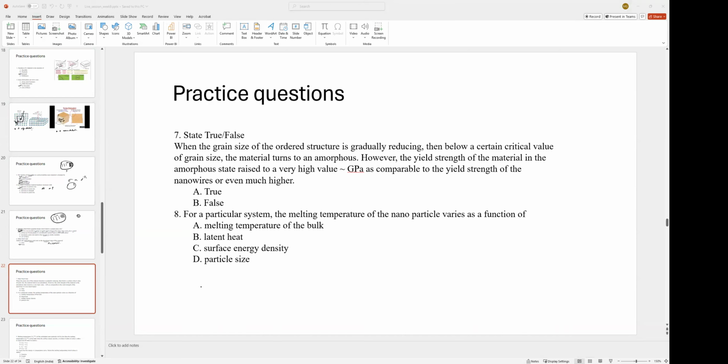So as you go down to very small levels in amorphous material, there are no dislocations.